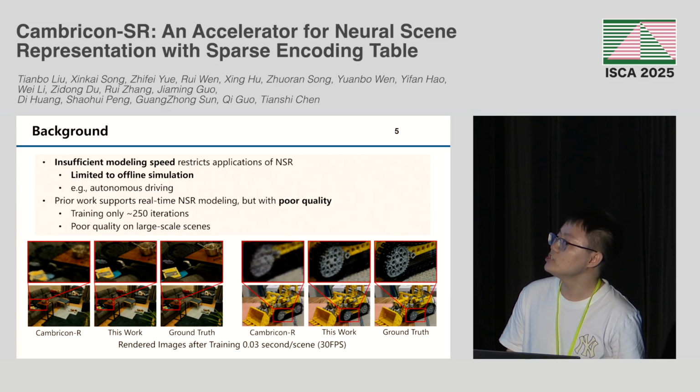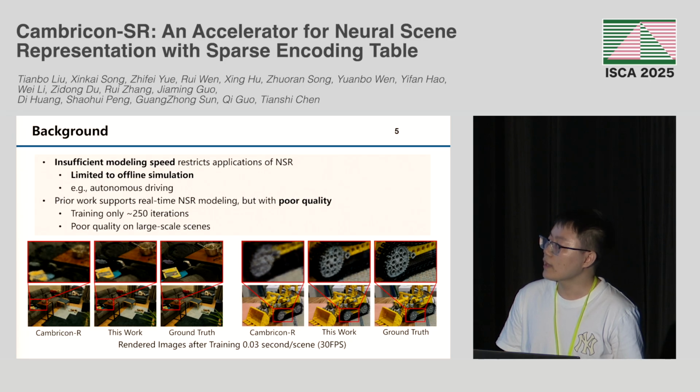However, the insufficient modeling speed restricts the application of NSR. For example, in autonomous driving, currently NSR can only be used for modeling the environment offline for data generation and driving simulation, but cannot be used for modeling the changing environment online. A prior work, Cambricon-R, can support real-time NSR modeling, but at the cost of the modeling quality.